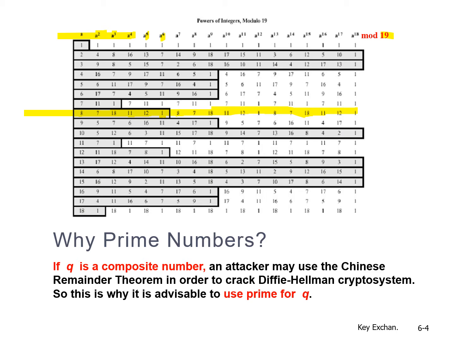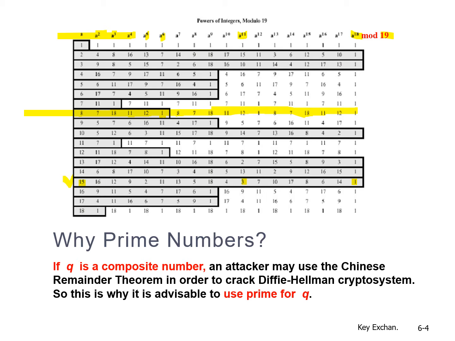However, let's check this one, alpha 15. Alpha mod 19 results in 15. Alpha to the power of 11 mod 19 results in 3. Alpha to the power of 18 mod 19 results in 1.